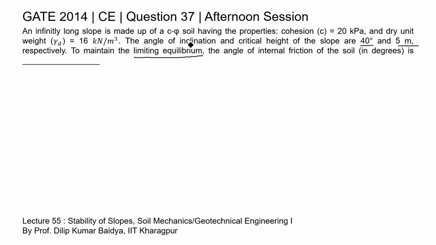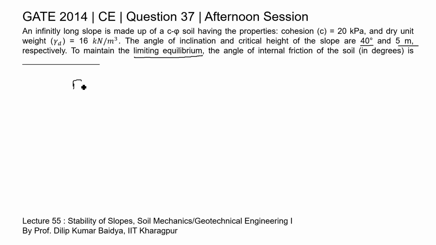So, for limiting equilibrium, the factor of safety of the slope becomes 1. So, first of all, we must know the factor of safety formula for infinitely long slope and c-phi soil for dry condition.